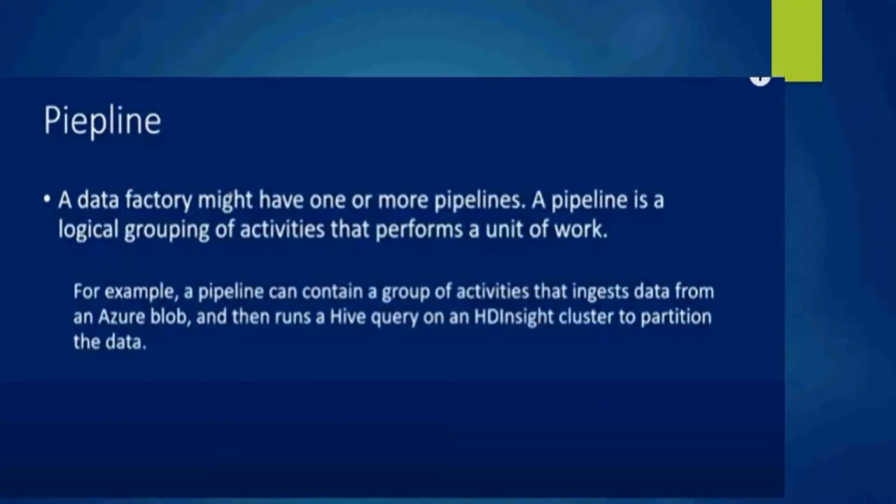So pipeline. What is a pipeline? A pipeline is basically a group of logical activities that is built to perform a kind of work. Okay. Suppose we have multiple data in the source systems, like multiple CSVs.